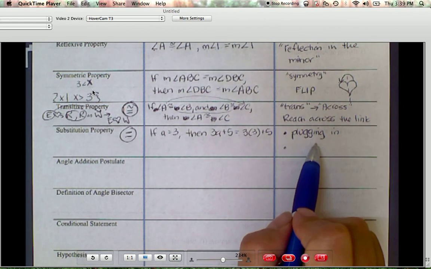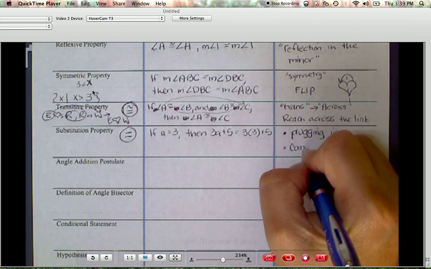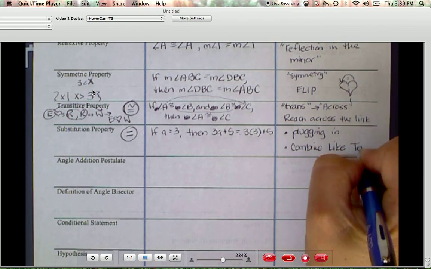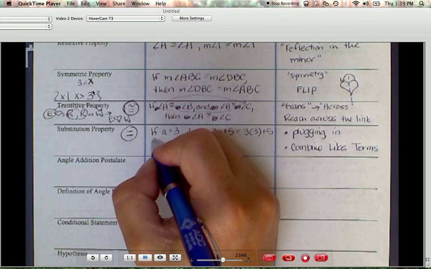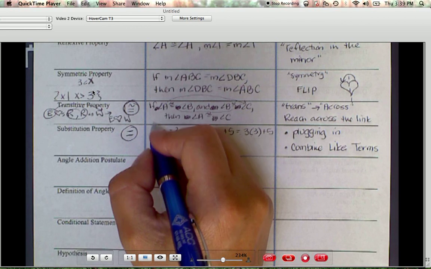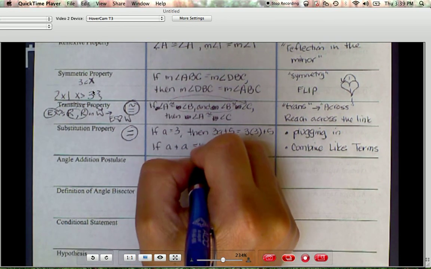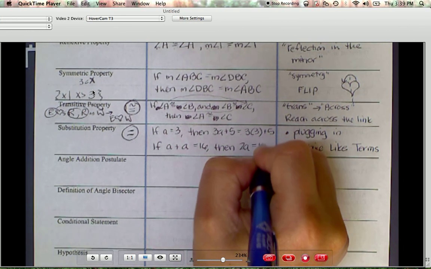That's your first version. The second version is anytime you combine like terms. Now this we will only see in our algebraic proofs, but we won't see so much in our geometric proofs, maybe a couple times. But when you combine like terms, for example, if A plus A equals 16, then 2A equals 16.